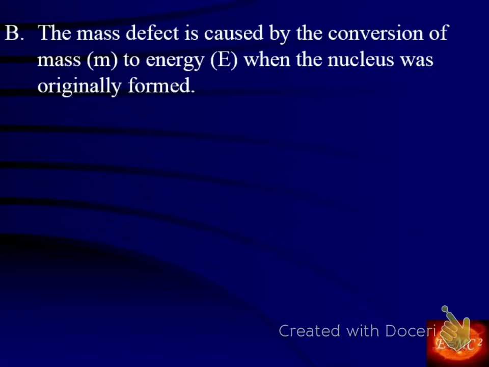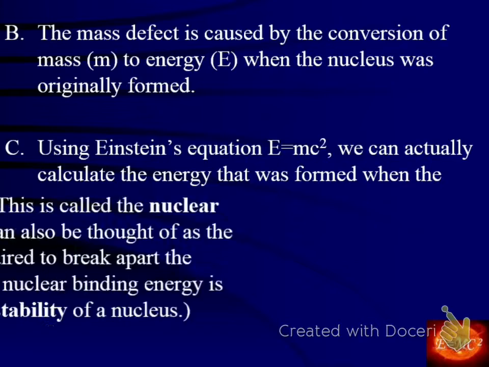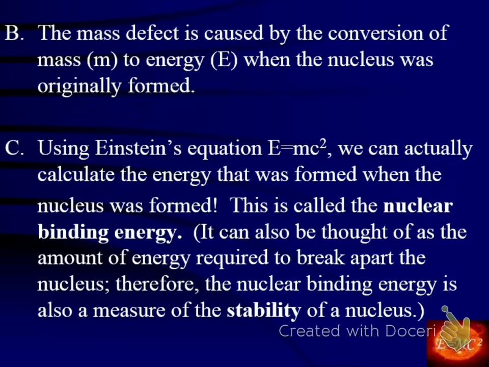And I will leave that theory of when and how it was originally formed up to you. Okay? Using Einstein's equation, E equals mc squared, we've heard of that. It's famous, right? Well, we can actually calculate the energy that was formed when the nucleus was formed. This is called its nuclear binding energy, which is one of your definitions.